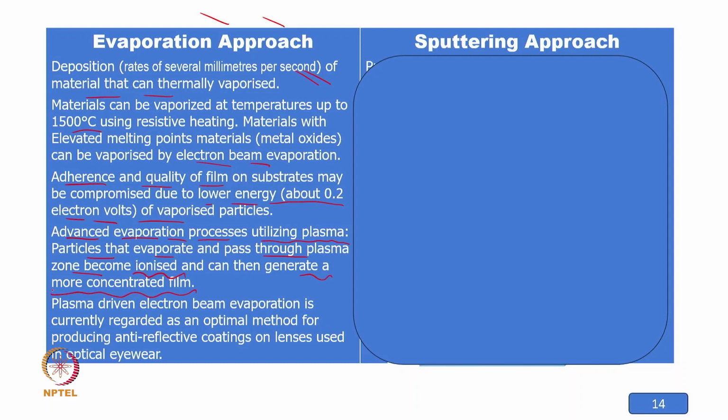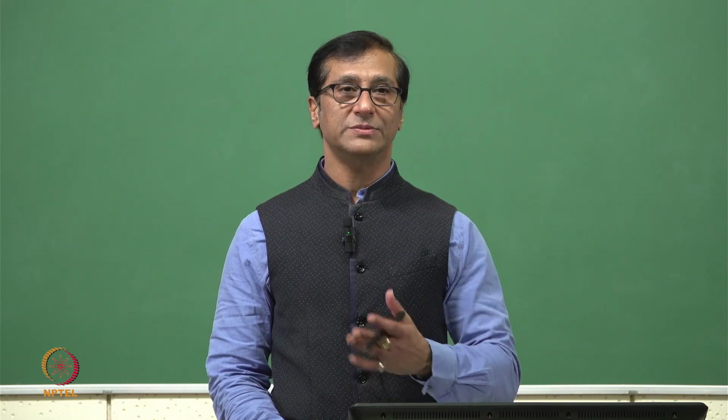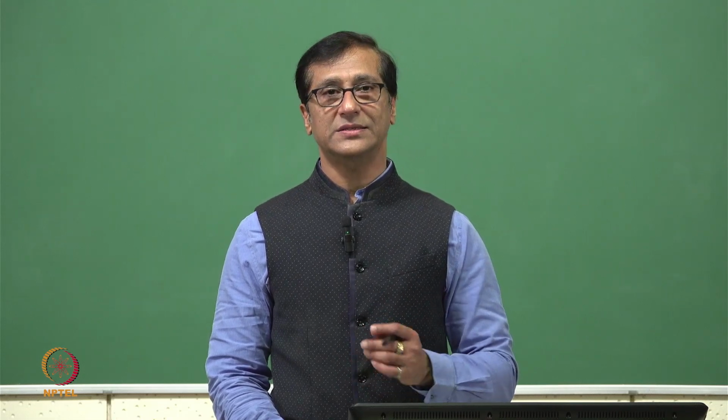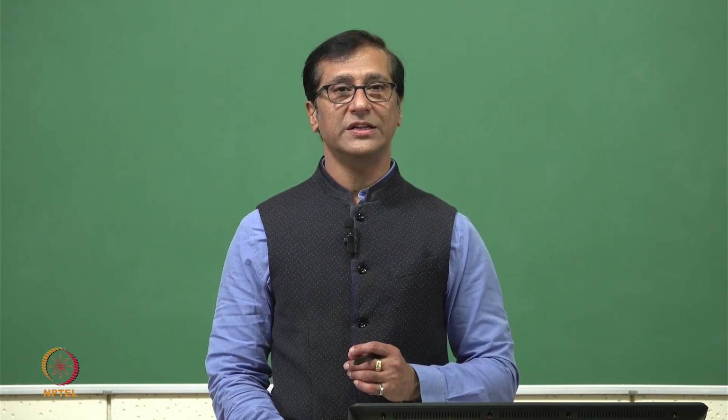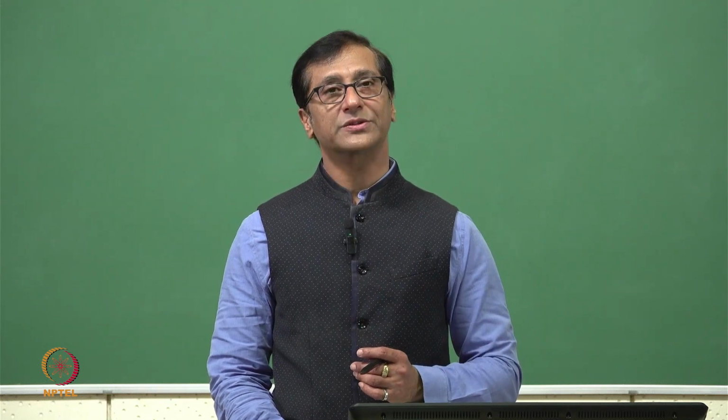That's why they use the phrase that an advanced evaporation process should be utilized. Plasma driven electron beam evaporation is the optimal method. Again, it is at the research stage, and the commercial use is basically for glasses, to make anti-reflective coatings on lenses and optical eyewear.